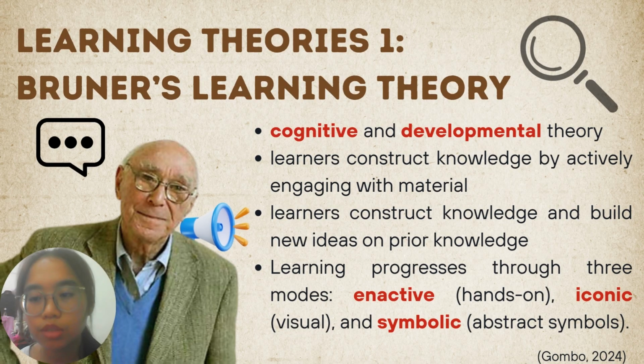Instead, students need to process new ideas by building on prior knowledge and progressing through structured stages of representation. This theory is widely applied in education, including mathematics learning, to support deeper understanding and active learning among the students. Bruner's learning theory includes three modes of representation, which are enactive, iconic, and symbolic.